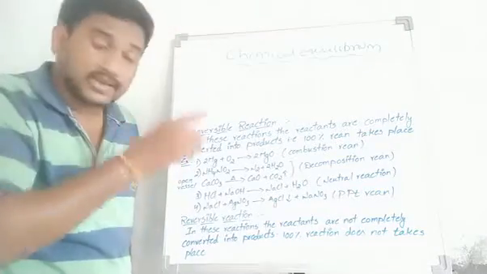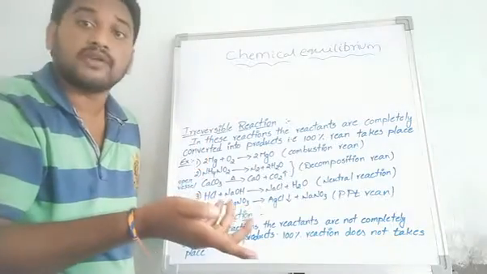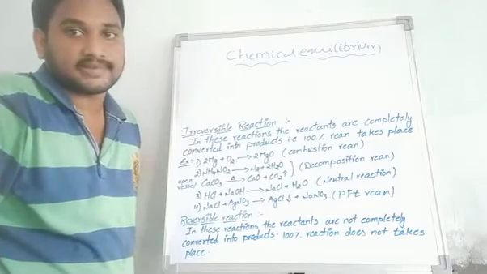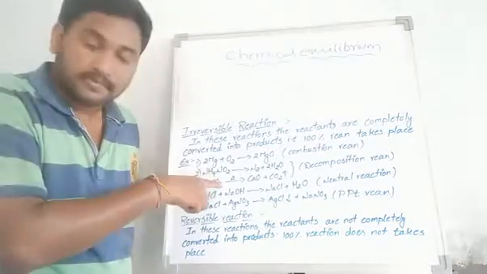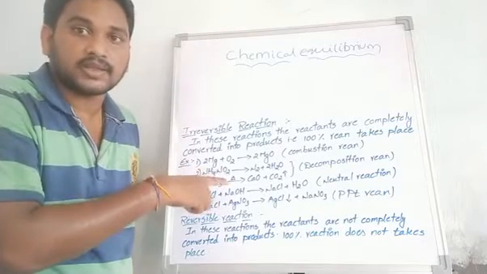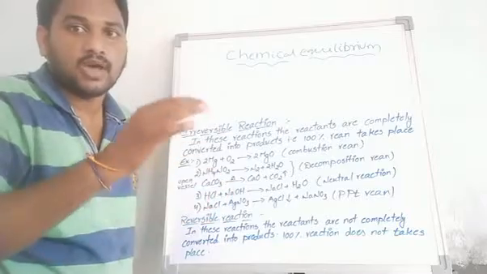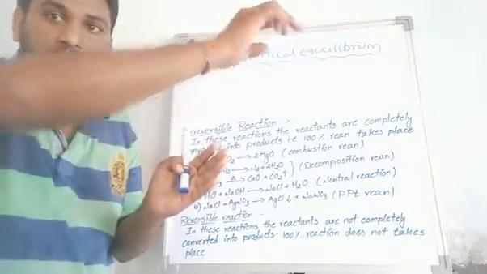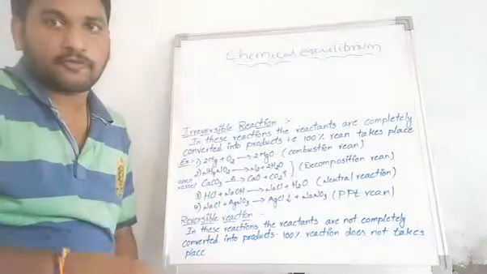Suppose the calcium carbonate is taken in a closed vessel, what will happen? That example is the reversible reaction. Calcium carbonate taken in a closed container is an example of a reversible reaction. Why? Because in a closed container, the gas returns to form the reactant.